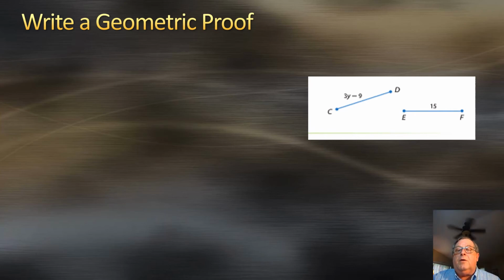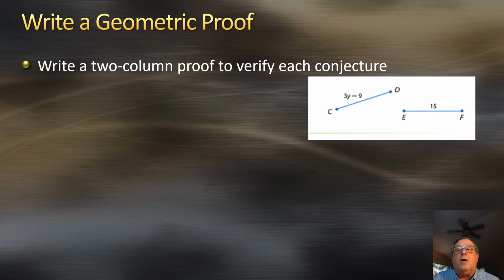Now here I've got two line segments, CD and EF. And here I'm told that the measure of CD is 3y minus 9, and the measure of EF is 15. So I've got a little bit more information than I did on the angles, but let's go through our two-column proof. And here we've got our statement.